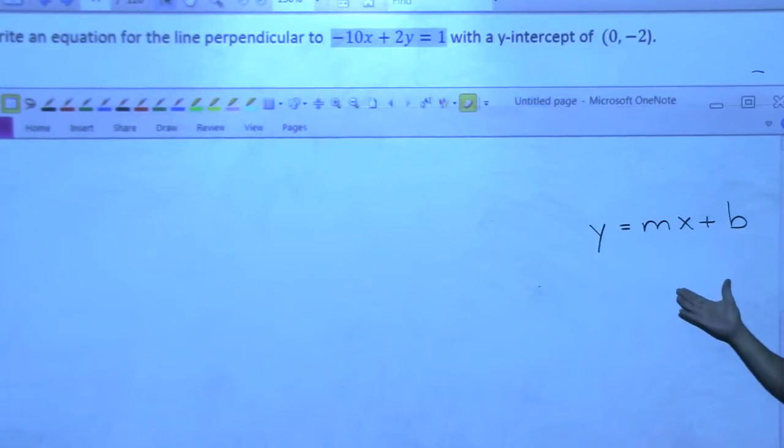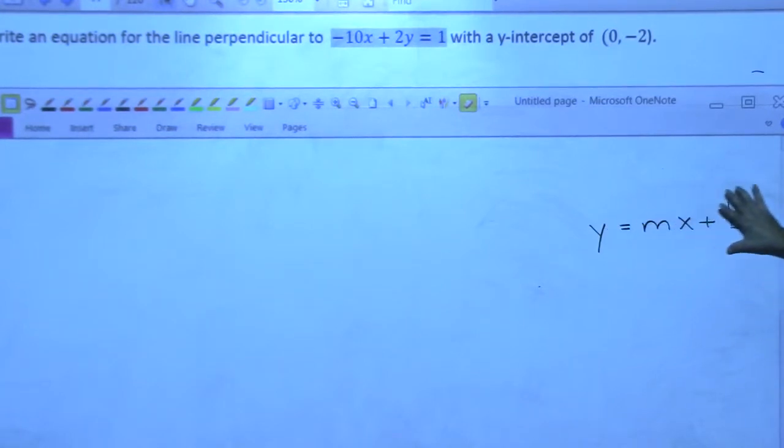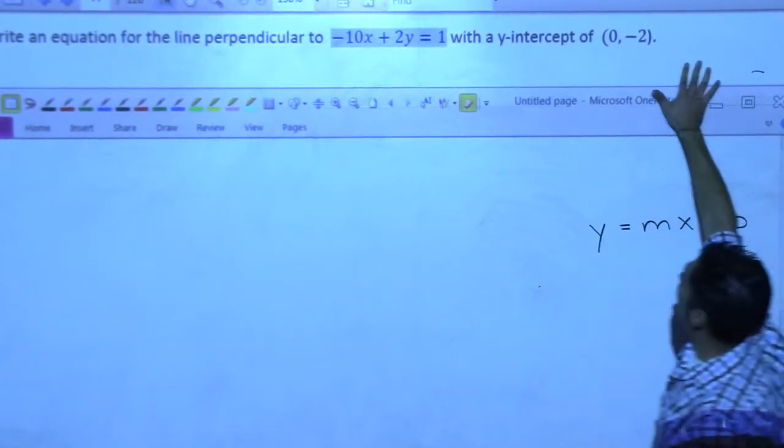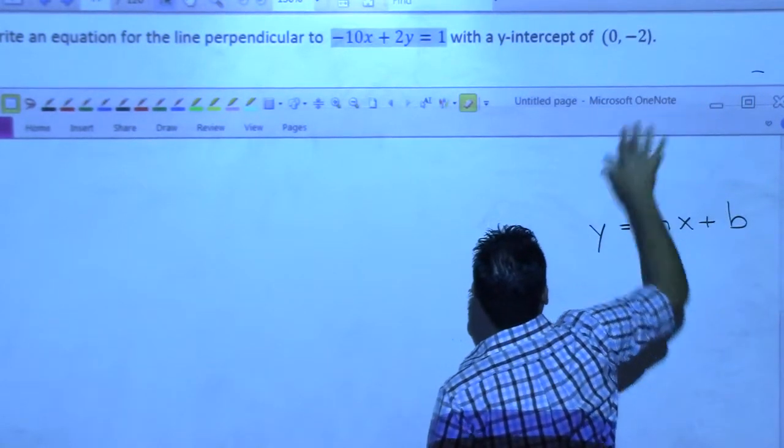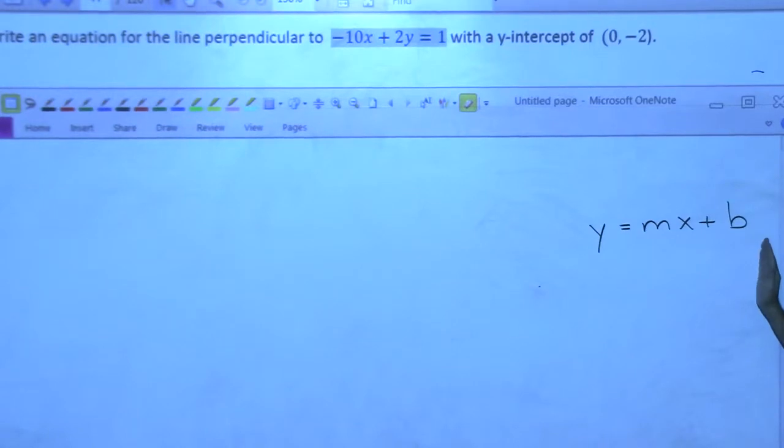Can you tell me the m or the b right now? Yeah, we're trying to find the equation of this, right? To do that, I need to know m and b. By just reading what's up here, without doing any work, can you tell me what m or b is? B is -2.